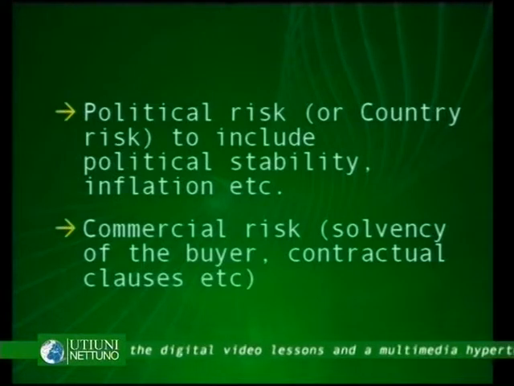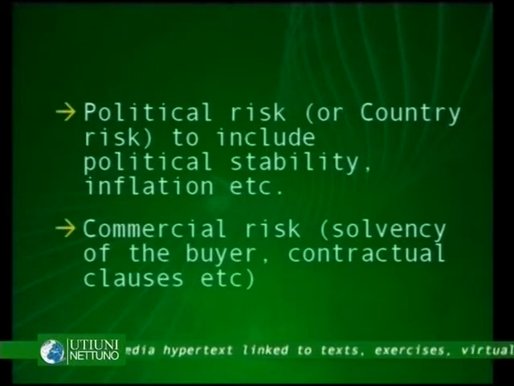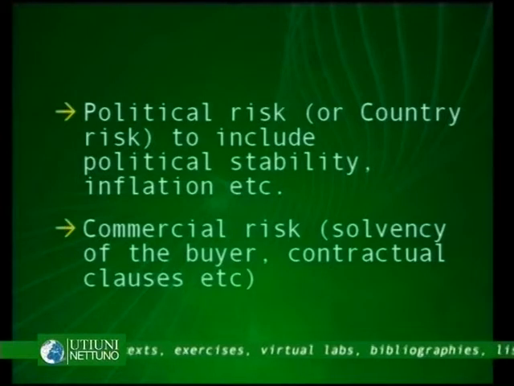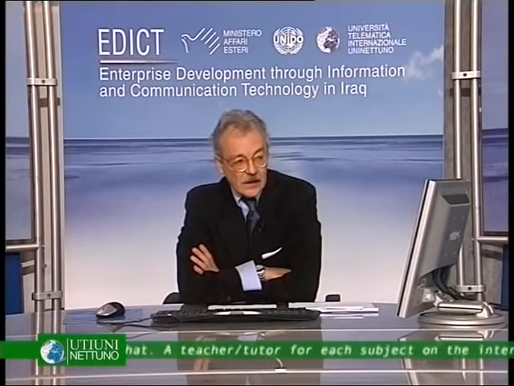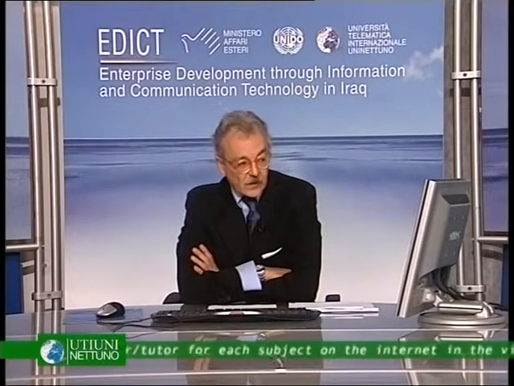Another risk, which is always evaluated, is the commercial risk: solvency of the buyer and contractual clauses, etc. So the commercial risk is the capacity of the one who has been buying my products to pay me back, vis-à-vis the contractual clauses.